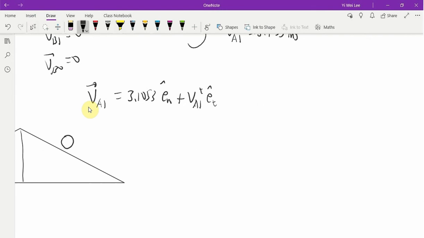When it bounces off this plane, it is extremely important to note that the force acting by this plane on this particle is definitely in this direction, right? The collision force experienced by the particle when it hits the plane is in this direction.